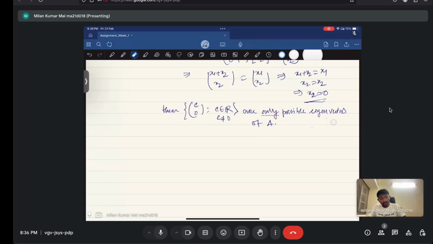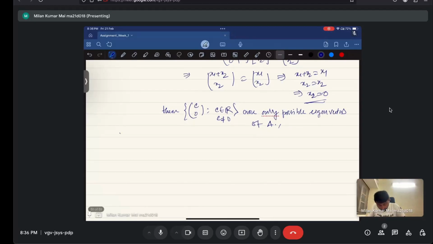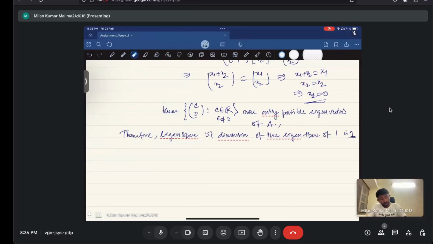So this is the only possible eigenvector, and this eigenspace of 1 has dimension 1. Therefore the dimension of the eigenspace of 1 is 1.